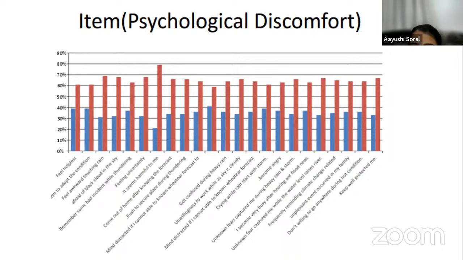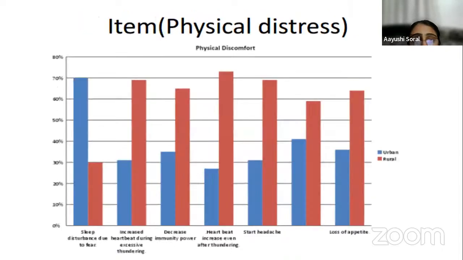Are you able to see these items? If not, you can pinch your screen if you are using mobile to zoom in. Items like crying while rain starts with storm, becoming angry, unknown fears captured me during heavy rains and storm show the psychological discomfort.